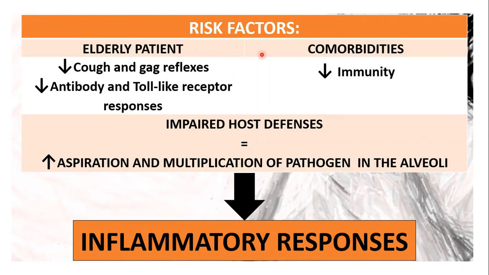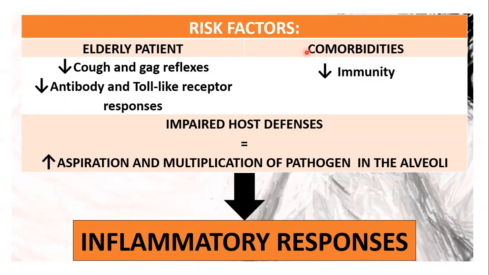And in addition to that, having comorbidities also increases the likelihood of acquiring pneumonia. What are these comorbidities? It includes diabetes, hypertension, cancer as well.